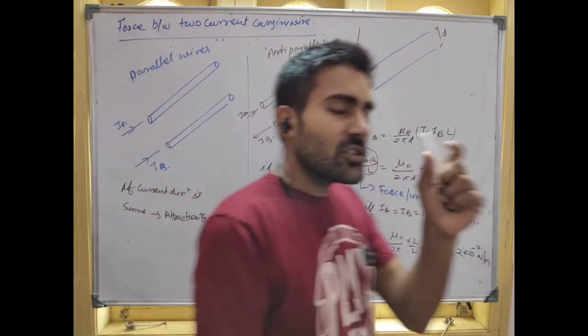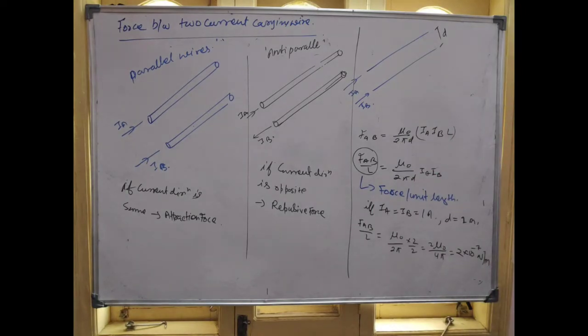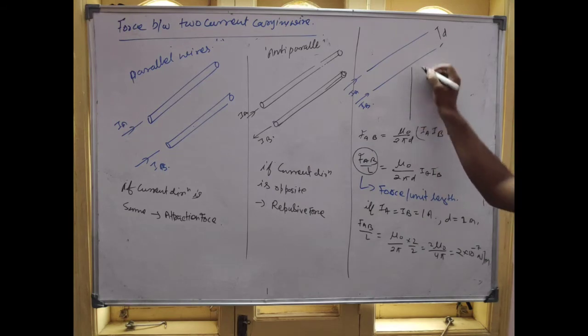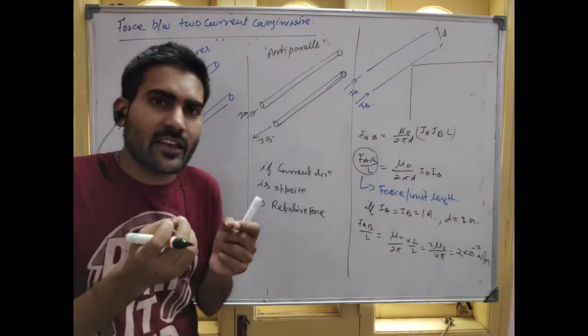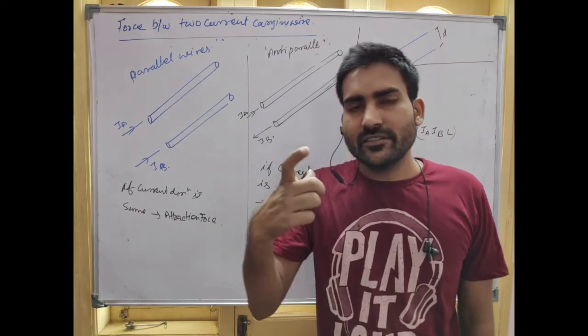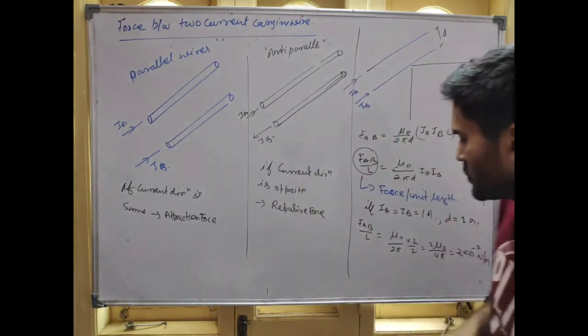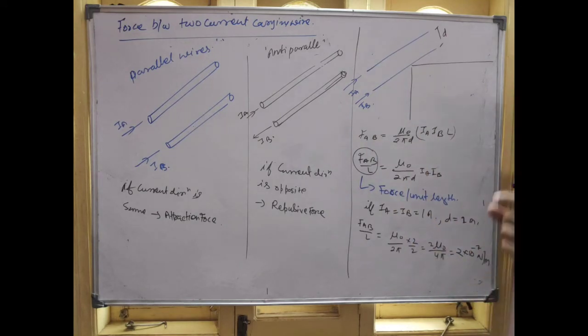So it means what? Can I make the definition of 1 ampere from here? Can I say whenever two wires are separated by 1 meter distance, if the force produced between these two wires is 2 into 10 raised to the power minus 7 Newton, then the current in the wire is 1 ampere?